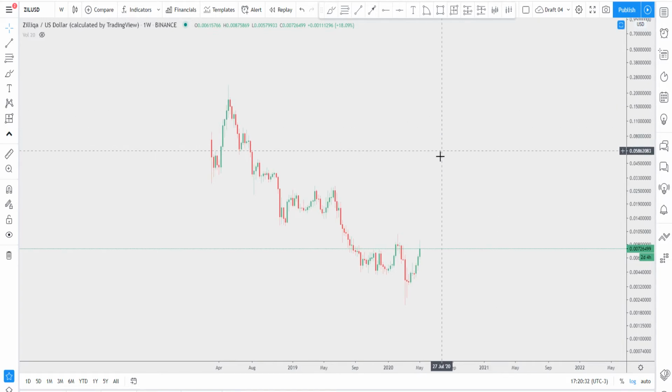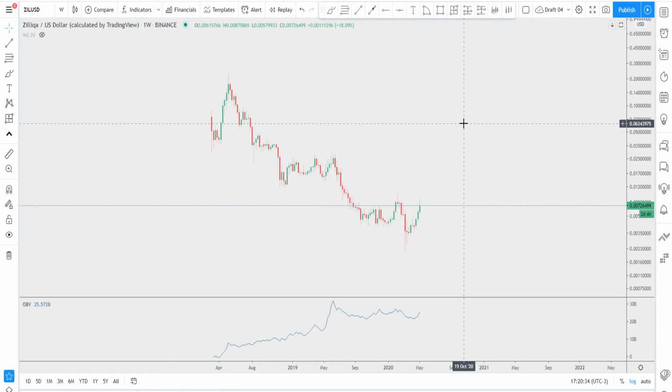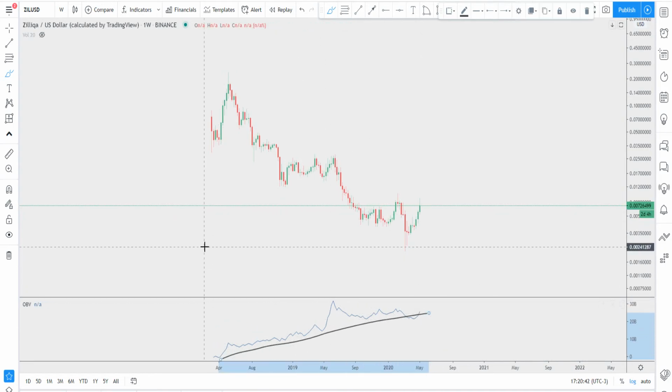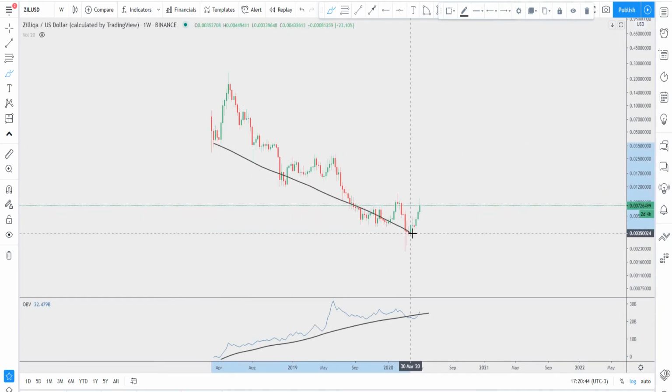Okay, let's go. So before anything, let's start with OBV. Here we have a clear bullish divergence, price against the buyer's volume. Price going down, buyer's volume or pressure going up.